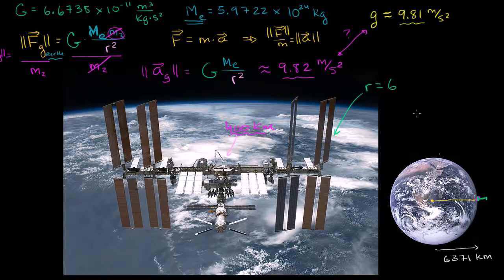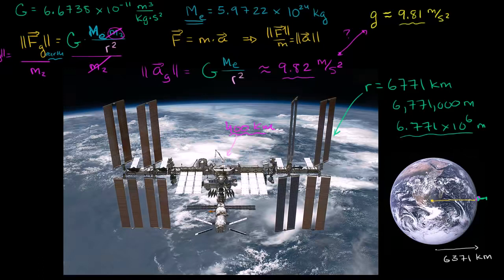It's going to be 6,000, we're going to add 400 to this, 6,771 kilometers, which is the same thing as 6,771,000 meters, which is the same thing as 6.771 times 10 to the 6th meters. This is 1, 2, 3, 4, 5, 6, 10 to the 6th meters.